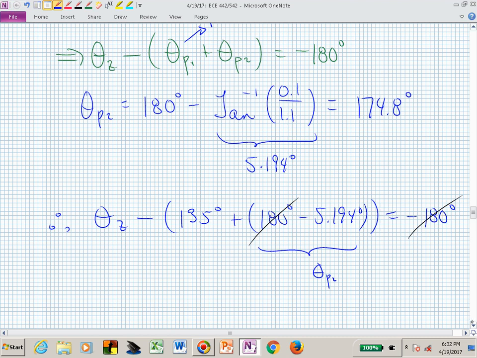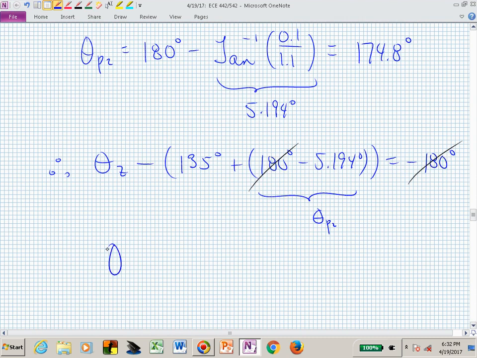So that theta sub z, the angle of my zero, is now going to be 135 degrees. And I had a plus 5.194 on the left. I'm moving it to the other side. It's now minus 5.194. Or I basically have 130 degrees. But if I keep track of the significant digits, let's say that that's now 129.8.